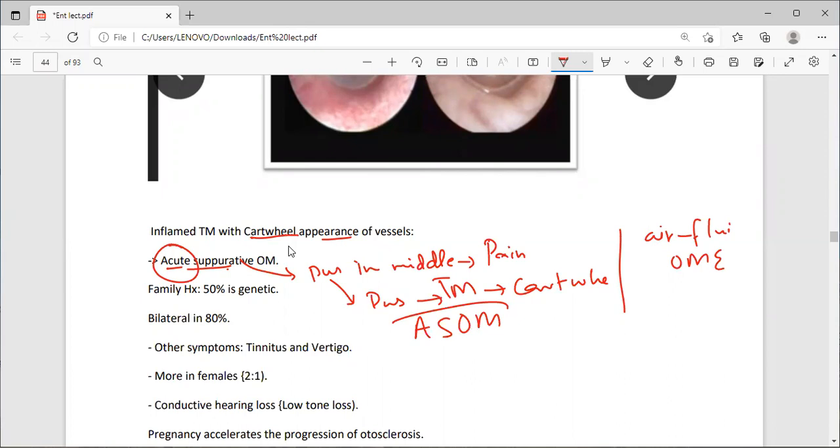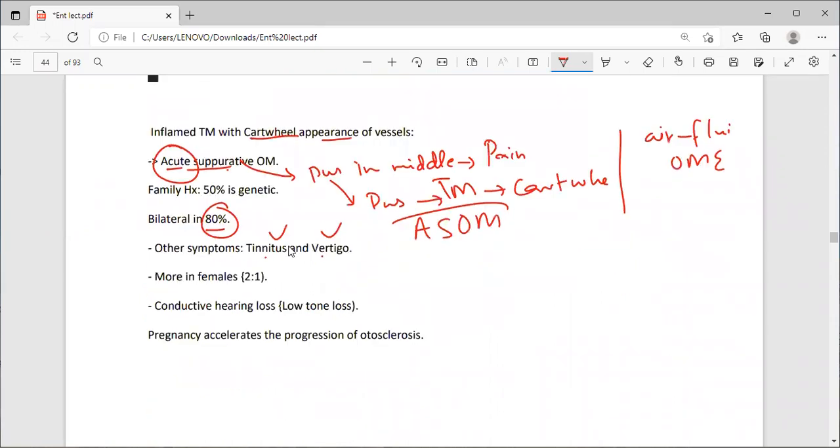Now, there is a family history; 50% is genetic, and 80% are mostly bilateral. Other symptoms include tinnitus and vertigo, that is, ringing of the ear plus vertigo, because the infection can proceed into the inner ear as well.